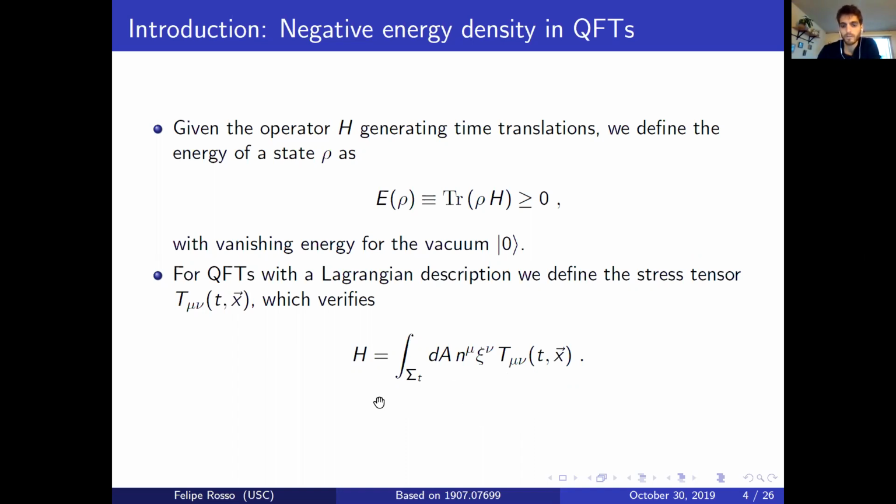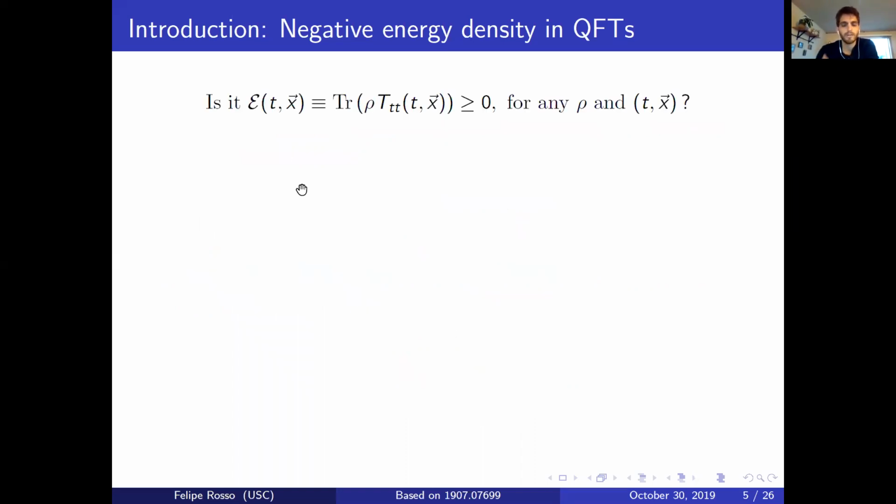So the question is, since we can write the Hamiltonian in terms of this energy density functional given by the stress tensor, a natural question is: if I consider the energy density, this is to say the expectation value of the time components of the stress tensor, is this quantity positive or non-negative for any state that I can consider? And since this is also a local quantity, this is to say it depends on t and x, is it also true for any value of t and x?